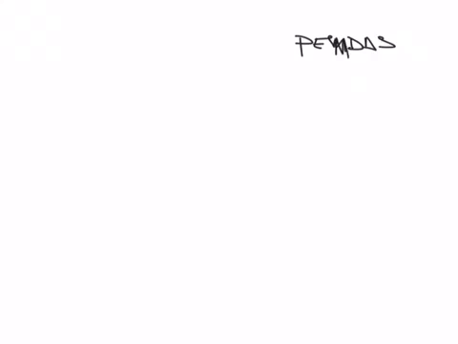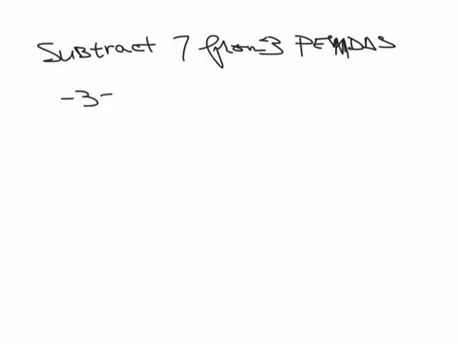All right, so we are on example 6. It says subtract 7 from negative 3. So we're taking 7 away from negative 3. So this is what it looks like. We started with a negative 3 and we took 7 away.